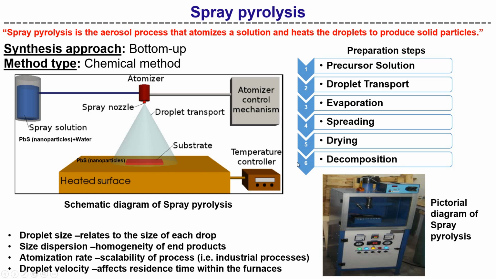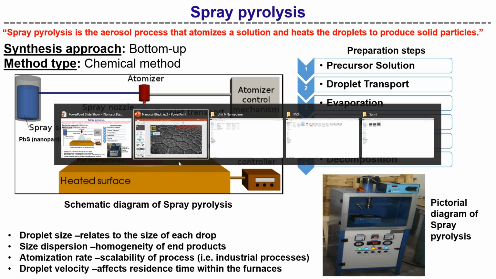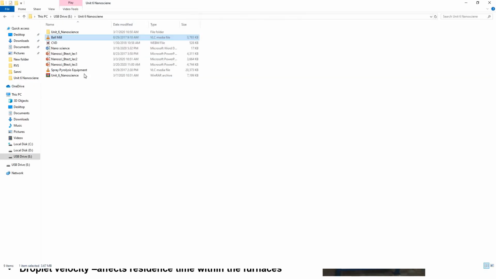So we can do drying and then decomposition. So there are various steps by which we can develop a proper layer of PBS nanoparticle on this substrate. Now we will again watch one video so that we can have a clear idea how exactly this works.